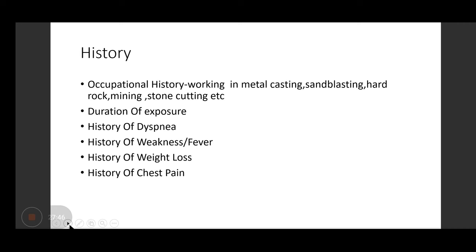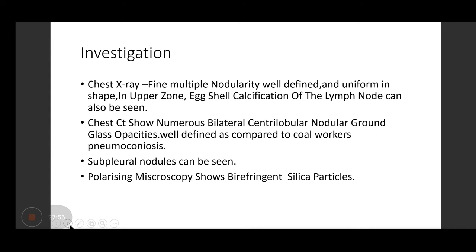And chest CT also shows numerous bilateral small opacities. It is well defined compared to coal workers' pneumoconiosis. And subpleural nodules can also be seen. And on polarizing microscopy, it shows birefringent silica particles.